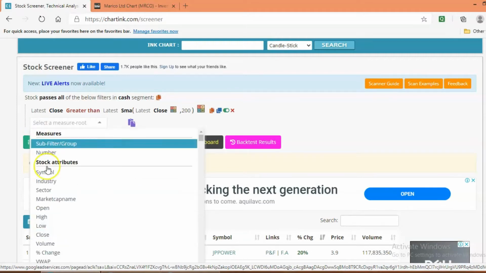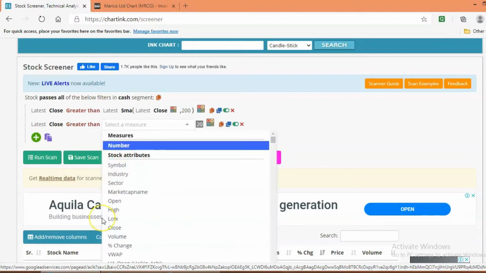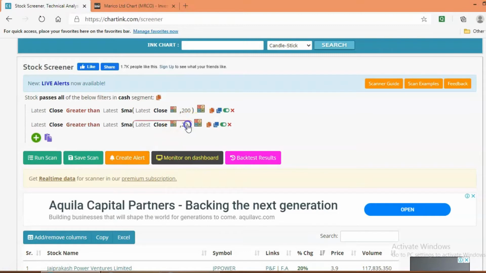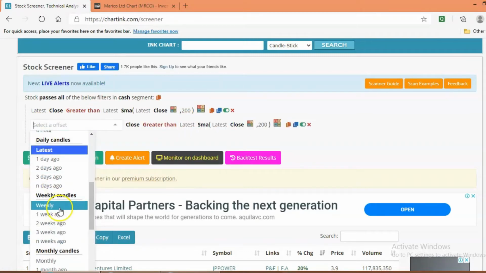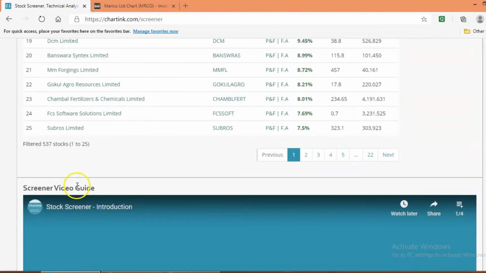Same process: select close, greater than latest SMA, and make it 200. Now change it to weekly and weekly SMA. Run the scan again. Now we can see that we are left with only 537 stocks.